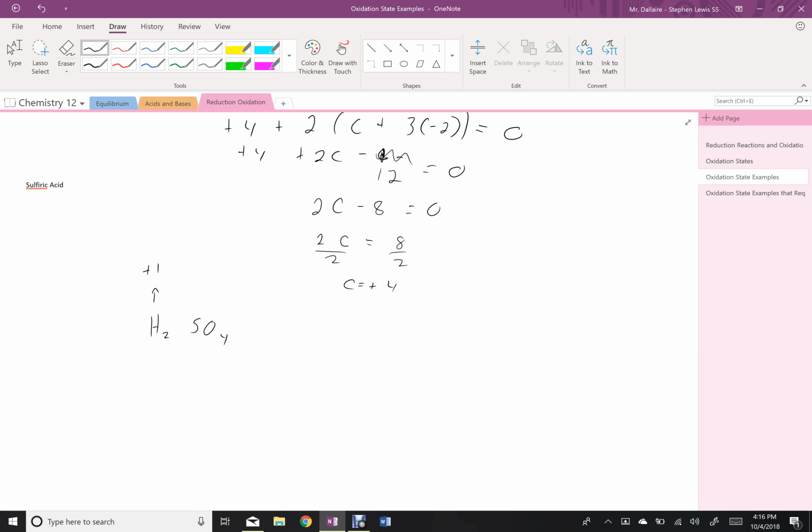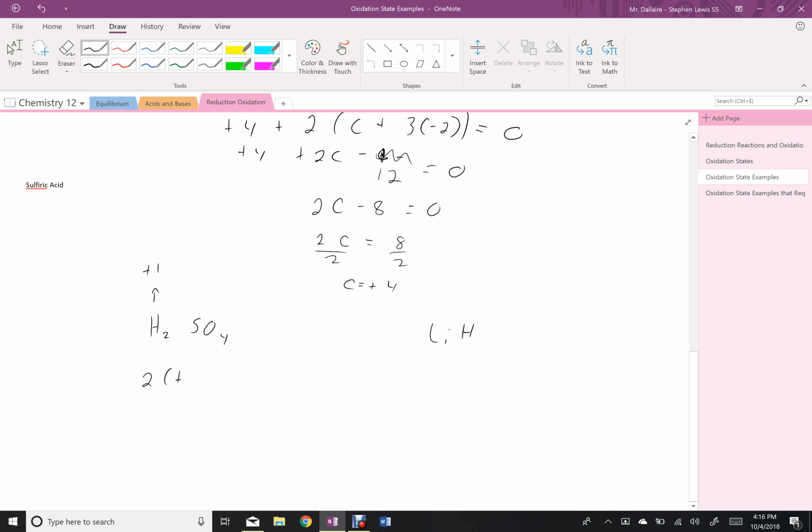The vast majority of times with hydrogen it's plus 1. It can only be minus 1 if it happens to be in a compound with something with a lower electronegativity, something like, say, lithium hydride. Anyway, here it's with a polyatomic, so it's going to be plus 1.